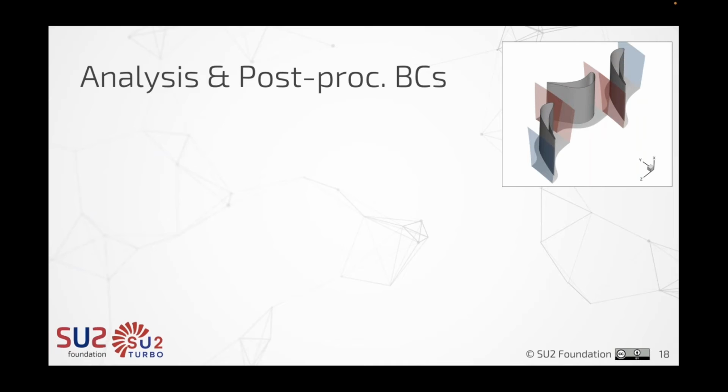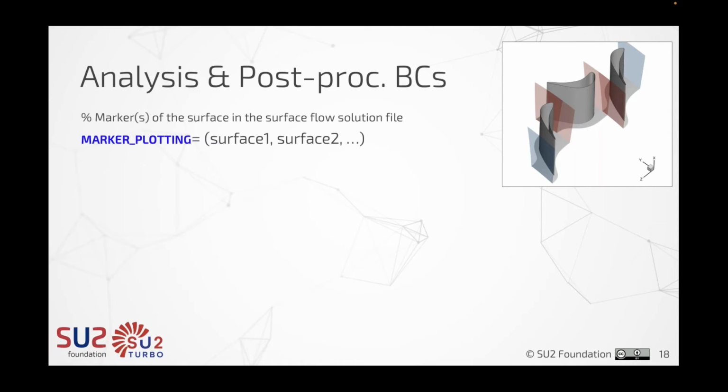All right, so analysis and post-processing. Of course, we want to be able to post-process our calculation in the best way, and for that we need some particular information. It depends a lot on the case you're running, but it's practical to have information from the flow solver of what's going on at the blade surface, because you can use that, as we will see later, to maybe extract the blade loading.